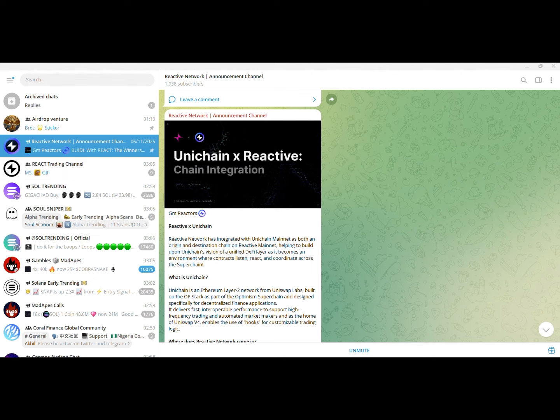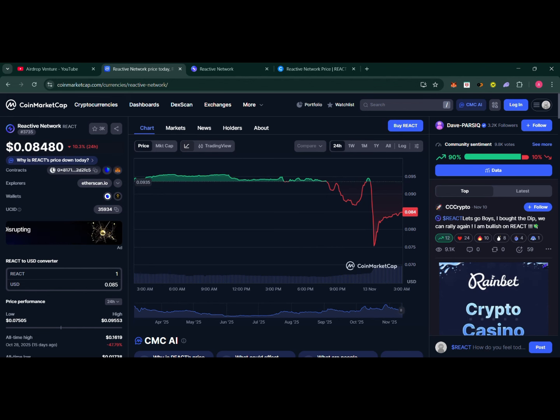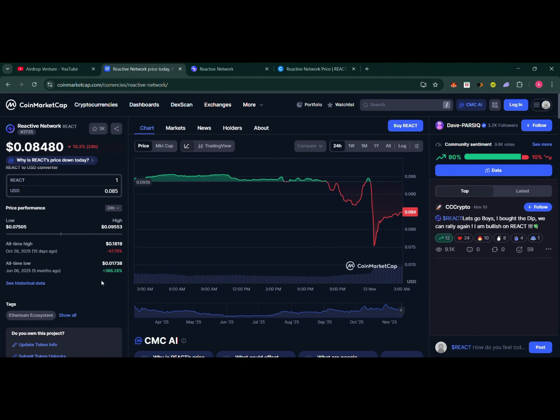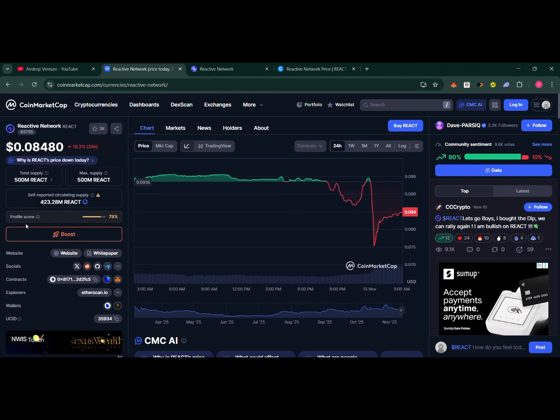Obviously, if you go to CoinMarketCap, depending on which ecosystem the coin belongs to, in our case, Reactive Network is on the ETH chain, you would see explorers like Etherscan.